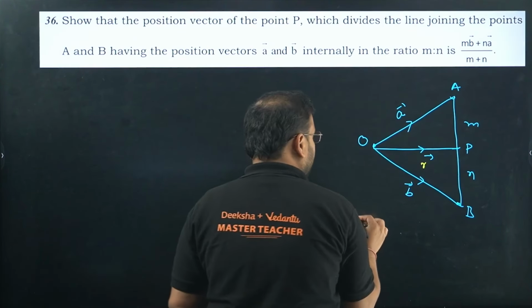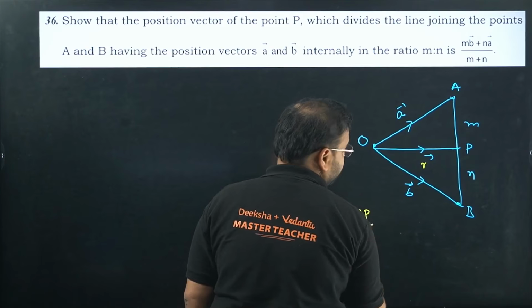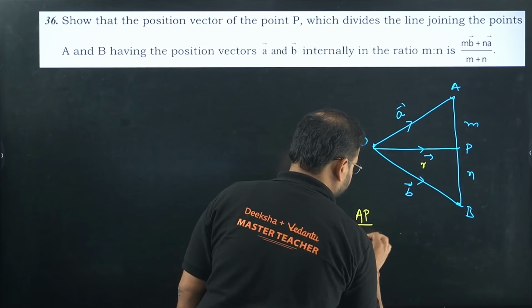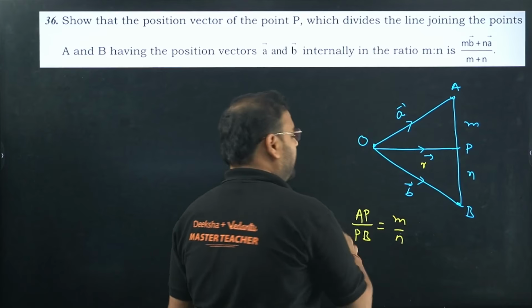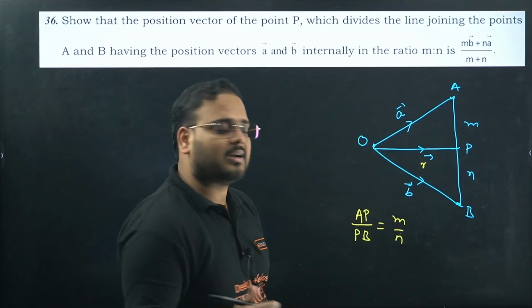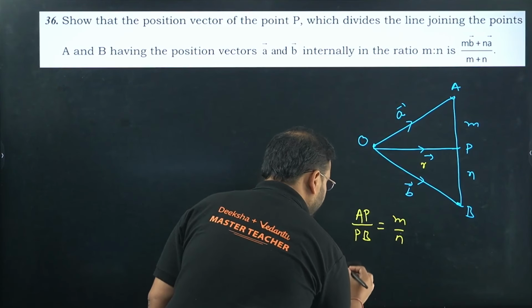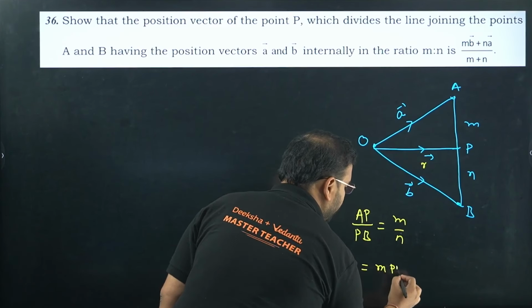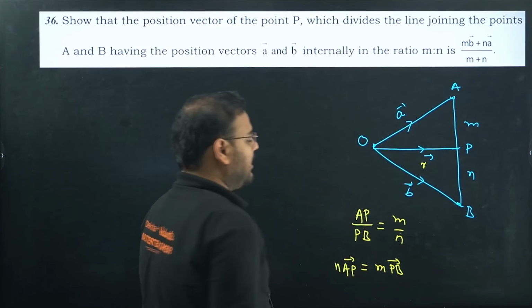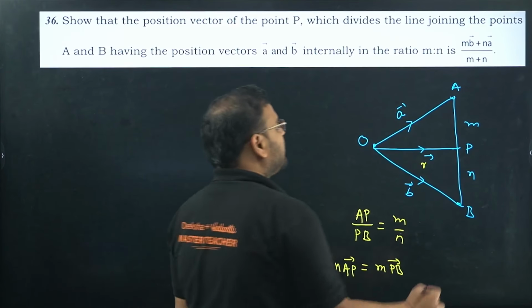So let's write that. If I write here AP by PB equals to m is to n will come. Now if I write in the vector form, I'll get n times the vector AP equals to m times the vector PB. Now let me give you the direction sense.